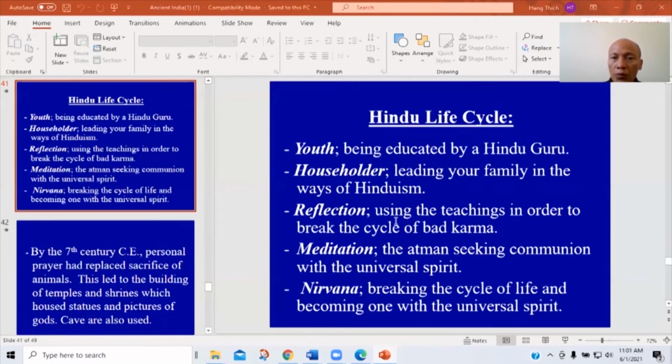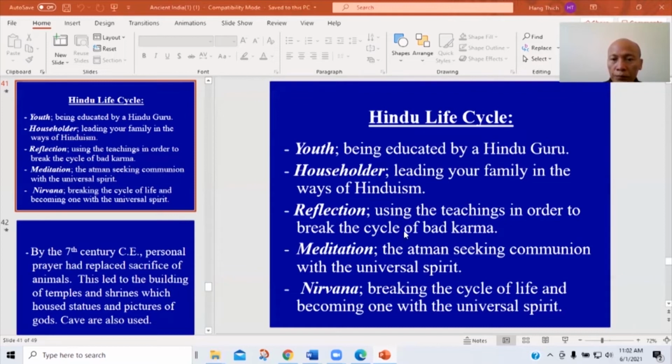According to Hinduism, in the life cycle of especially a male, when they are young, they will be educated by a Hindu guru. When they get older, they will establish their families and lead their families in the ways of Hinduism.